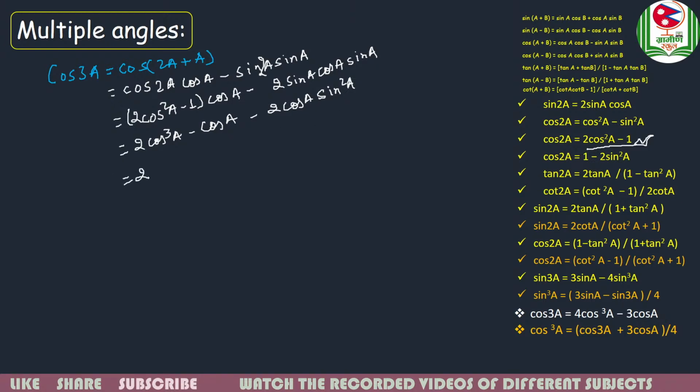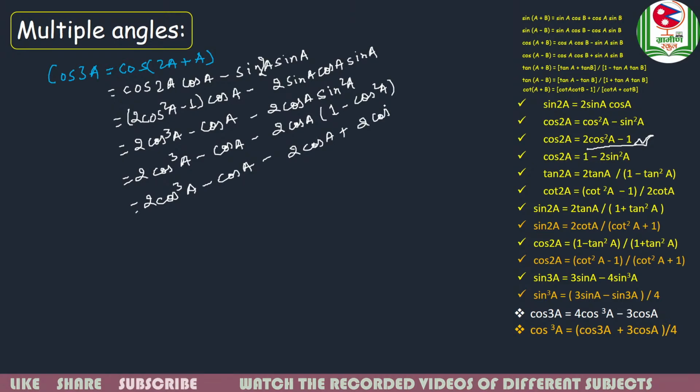So we will write 2 cos cube A minus cos A, minus 2 cos A into 1 minus cos square A. So now it's time to simplify. Again simplifying these expressions, we get minus cos A minus 2 cos A plus 2 cos cube A.